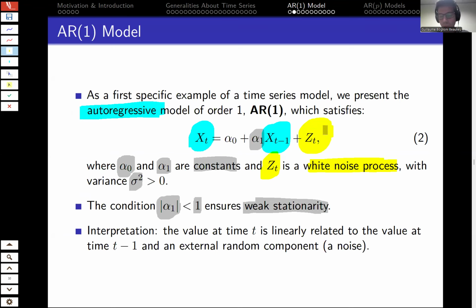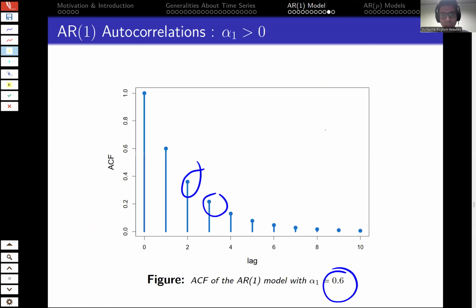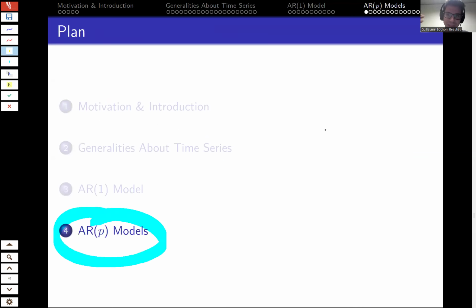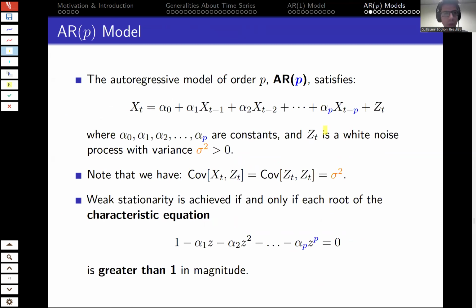So without too much surprise, we generalize this by regressing x_t on more values that are in the past. So what we will now call the AR(p) model, AR for autoregressive, is a model which satisfies this. x_t will be some linear function of x_{t-1}, x_{t-2}, and so on, up to x_{t-p}.